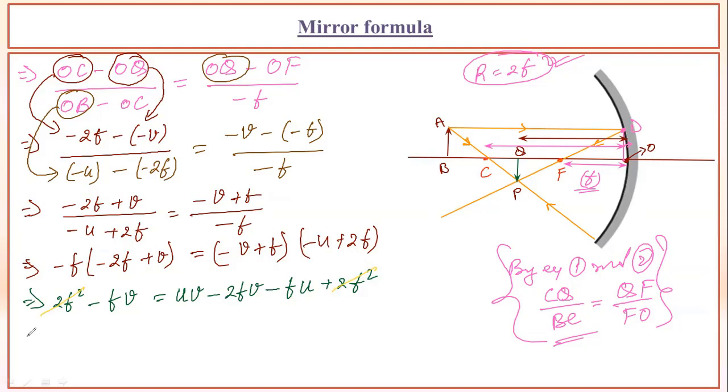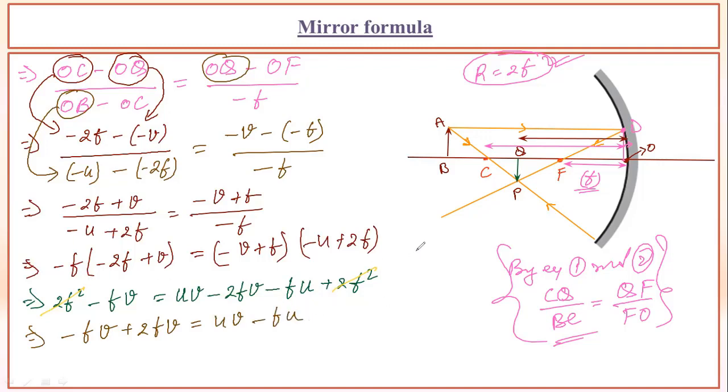Then in the next step, you have to just take the like components. As here you have minus FV, if I bring this FV from that side, it will be plus 2FV, that is equal to UV minus FU.